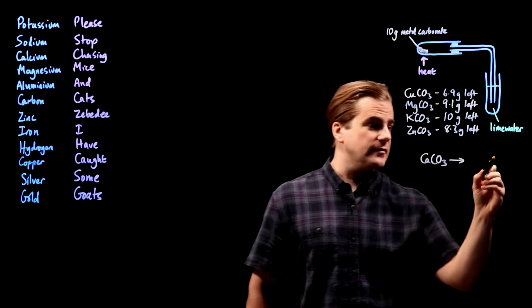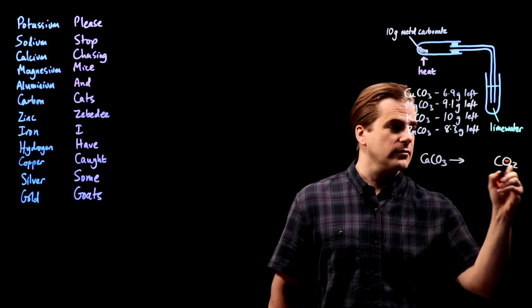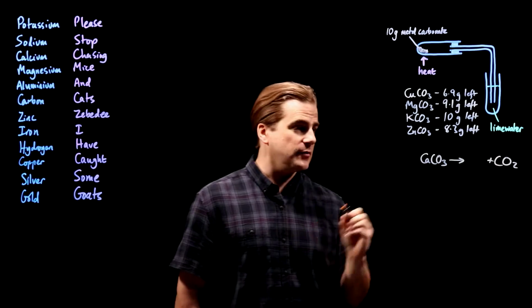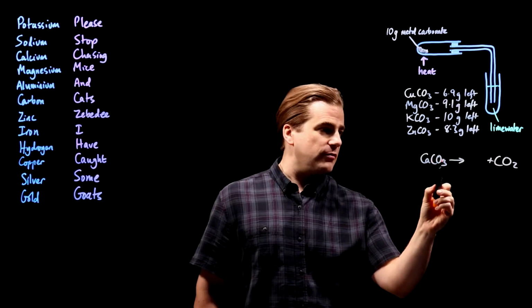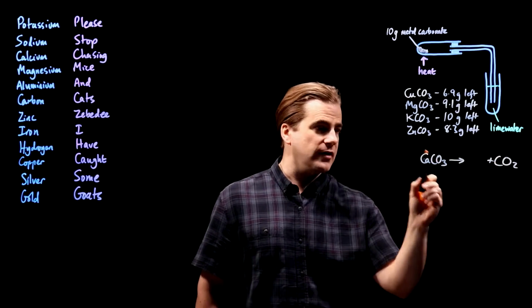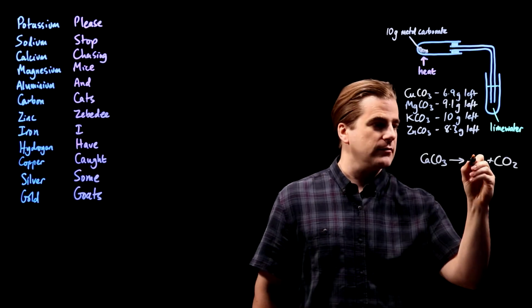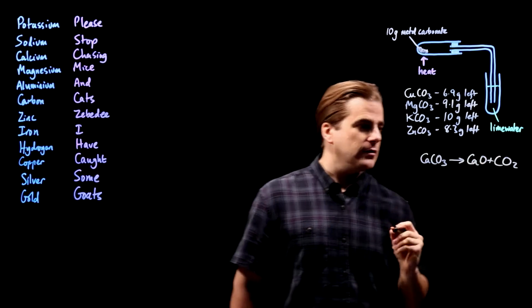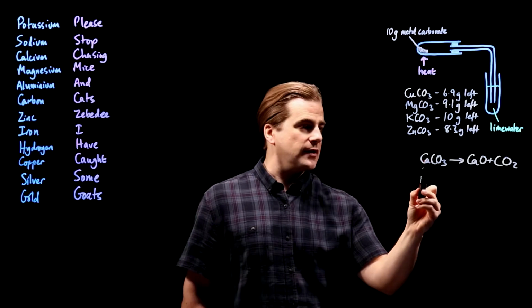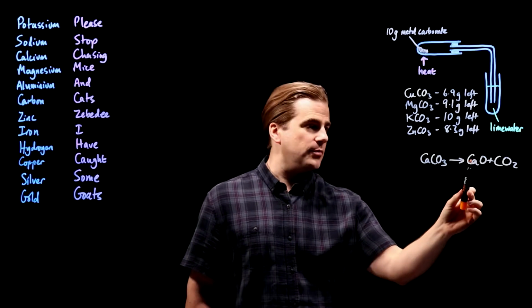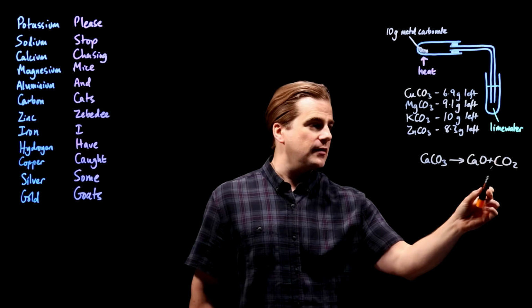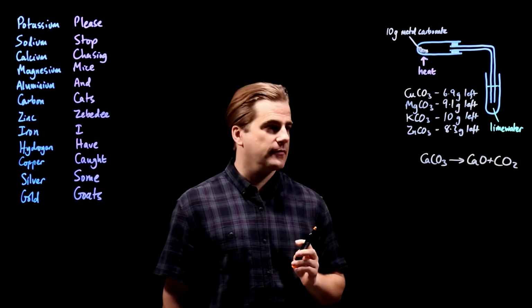Whenever you heat that, it's going to release CO2. So what's left? That's CO3, the CO2 has gone, so that leaves one oxygen and the calcium. So calcium carbonate, when heated, decomposes to calcium oxide and carbon dioxide.